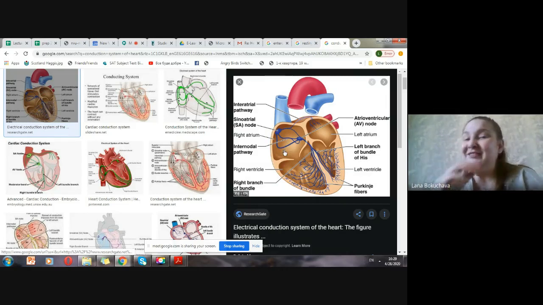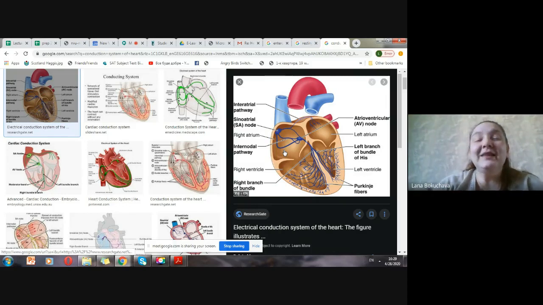Because connective tissue makes it difficult to change the electrical potential, it needs time to go through this region, and during that time the atria are contracting.